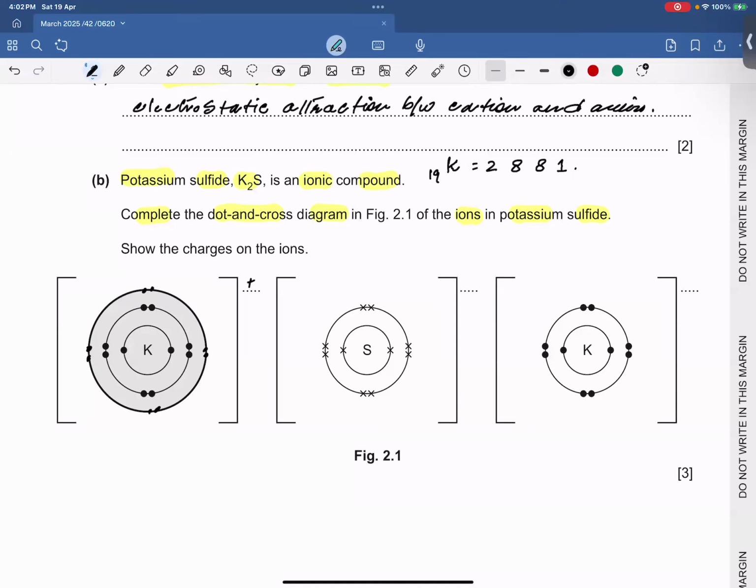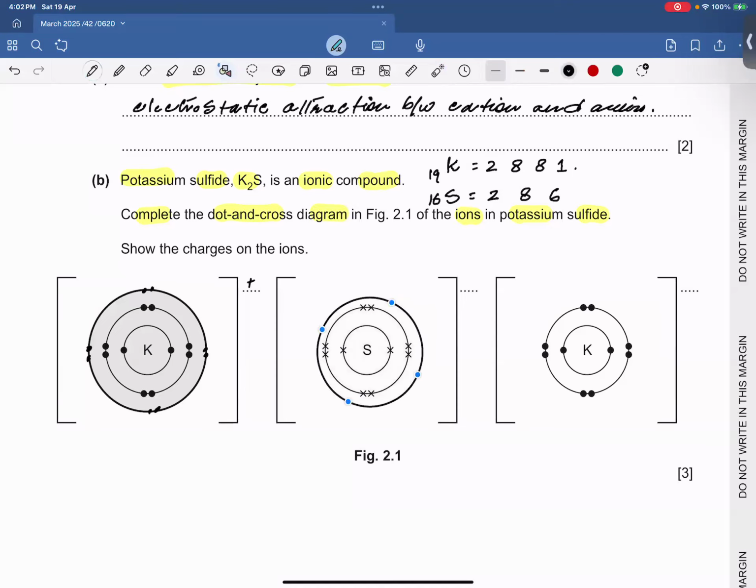So that's the potassium ion. Let's talk about sulfur. Sulfur has an atomic number of 16. Let's configure it. First shell has 2, second shell contains 8, and third shell contains 6 electrons. So let me show the third shell.